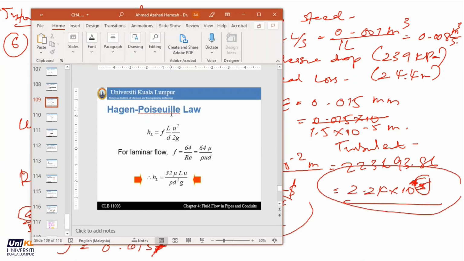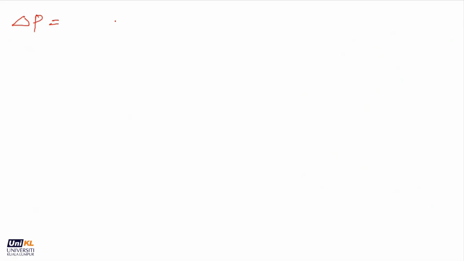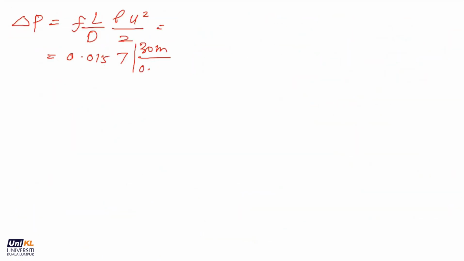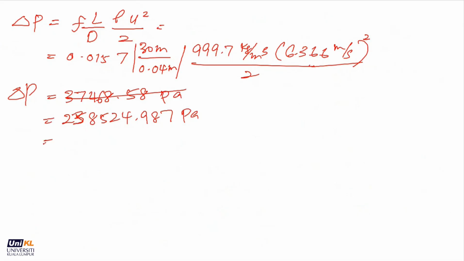Okay, for the pressure drop, delta P equal to F L over D rho U square over 2. So delta P is 238.524 kPa.